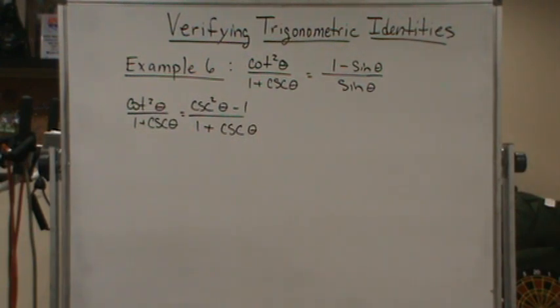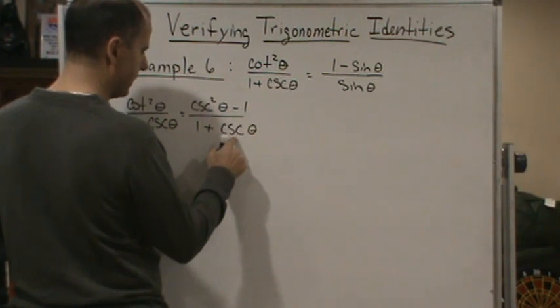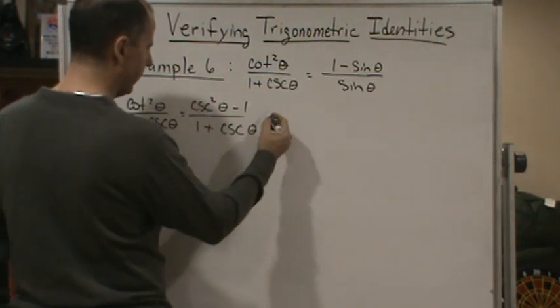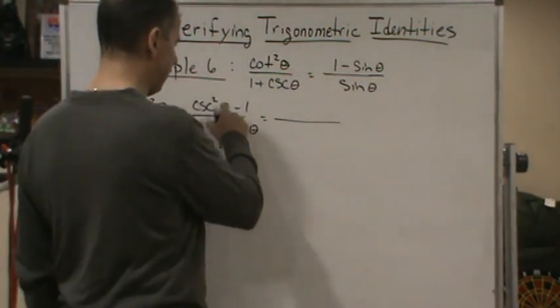Now what we want to do is, well, that kind of helps us because we could look at this as a difference of two squares, right? We've got a single down here, we've got a double up here. We can split this up into factoring, right? Because it's a difference of two squares.